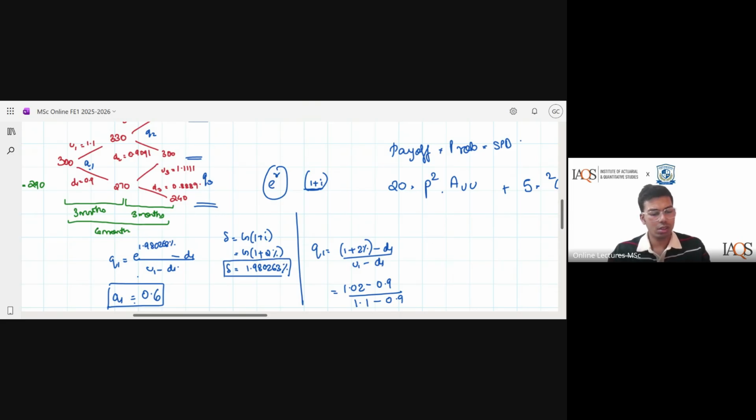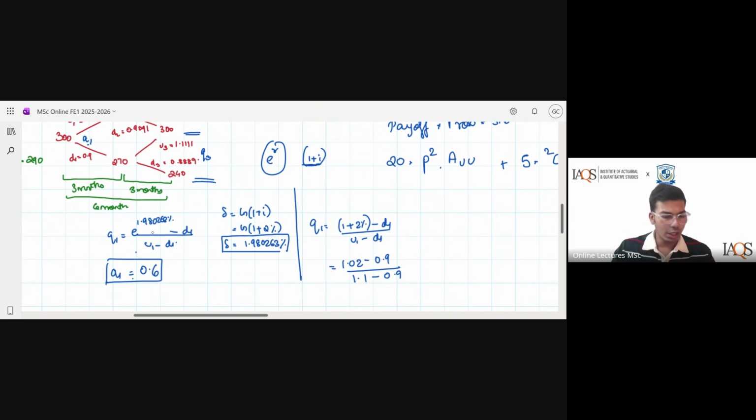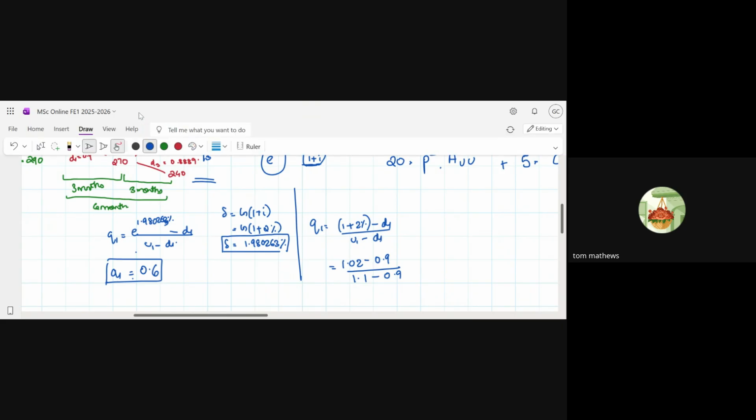Getting 0.6. e raised to 1.980263. And Q is equal to 0.6 we got.